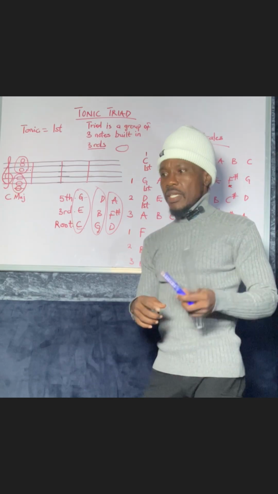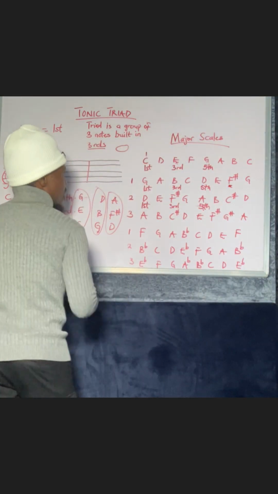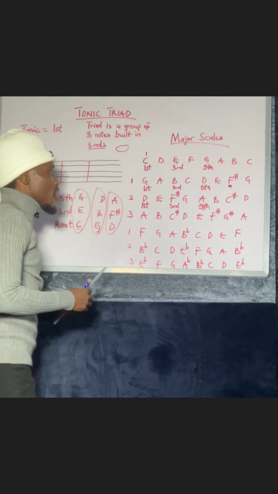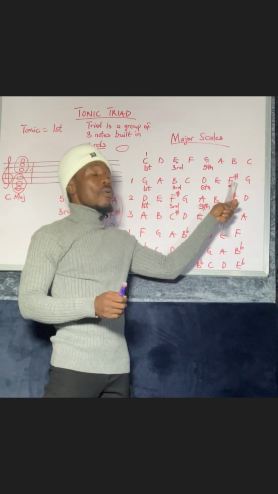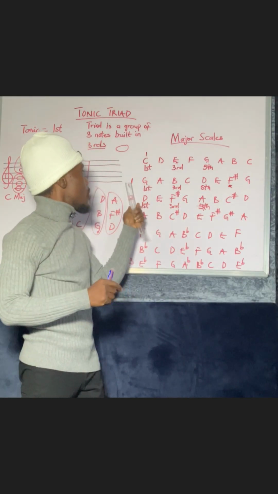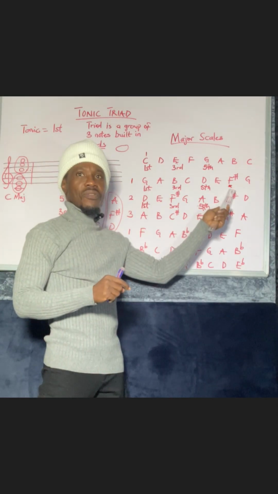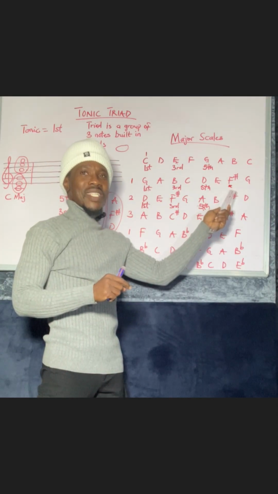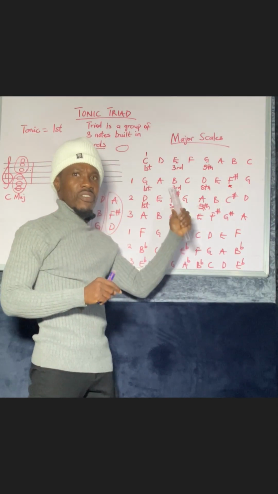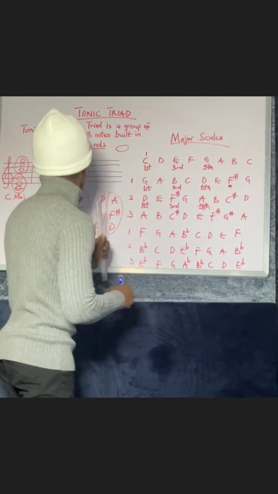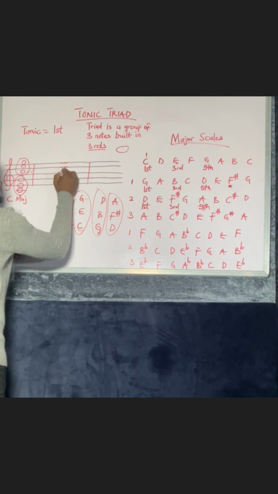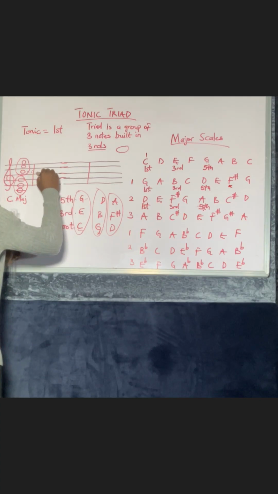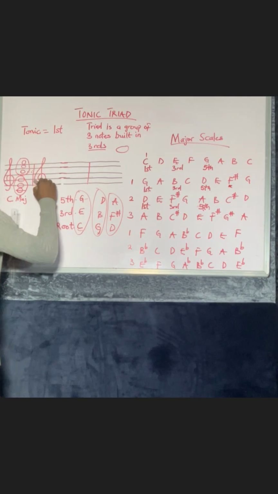Do you understand? Now let's go to the next guy, G major. Now don't forget that the scale of G major has one sharp at where? At F. So we need to represent that on the staff. Therefore, for G major, I'm writing my staff, my clef again.